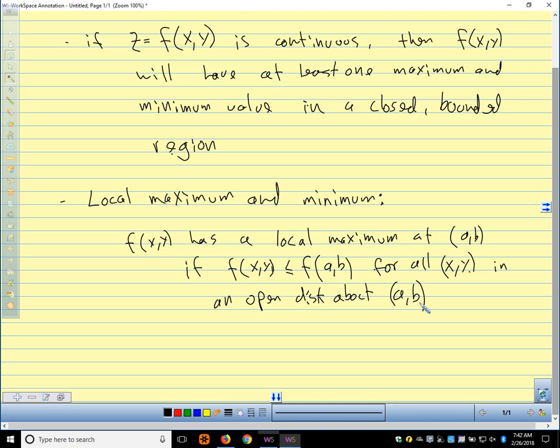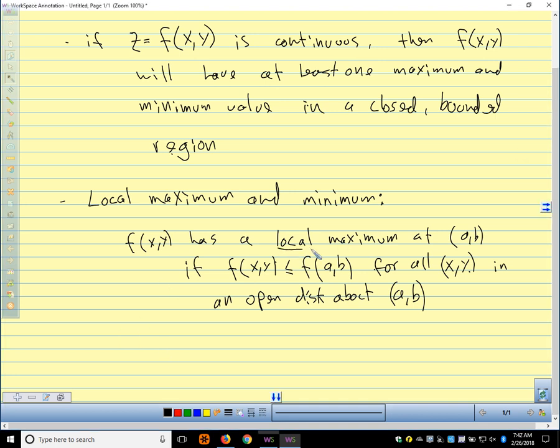So this is just saying that around this particular point, f of (a, b) is the biggest value. Might not be everywhere, but around that point (a, b), that's the maximum value.